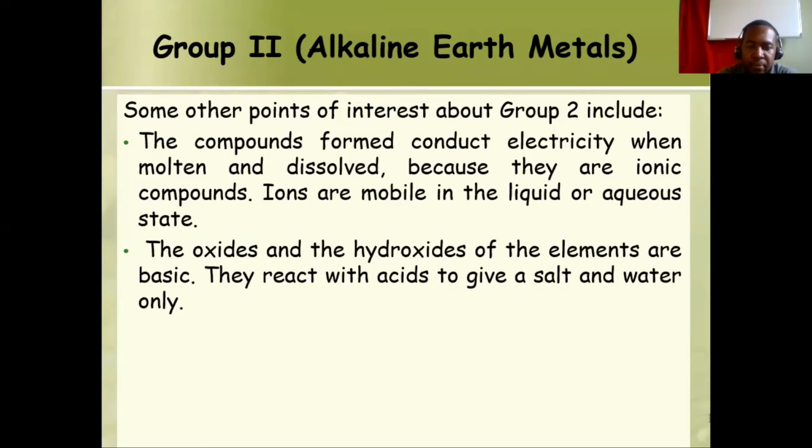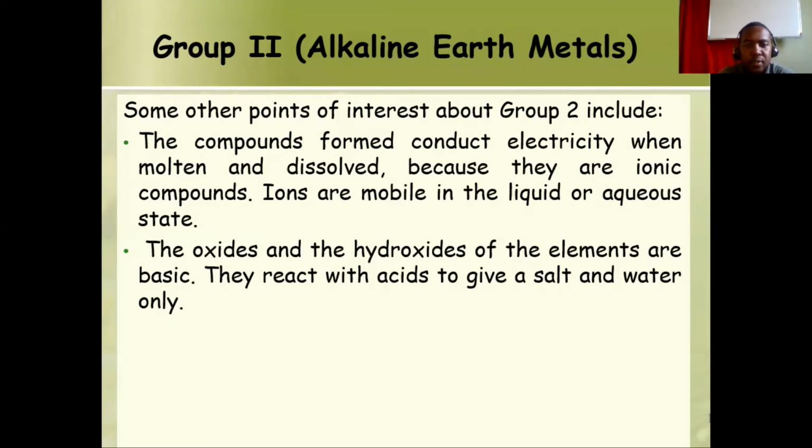Calcium oxide or calcium hydroxide are basic substances, and they react with acids to give us salt and water. That's very important to remember. The oxides and hydroxides of group 2 elements form basic solutions.